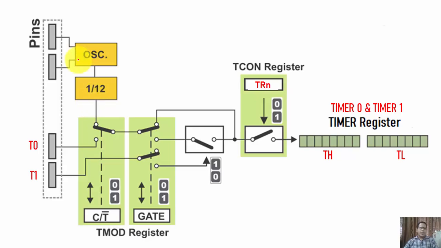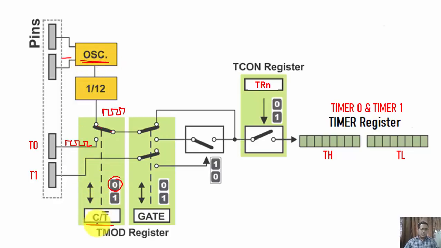So in short, when I am going to talk about the timer operation, the most important is C/T bar. When I am making the status 0, what is happening? Consider that at this moment the external clock pulses are present because of transitions on pin T0, and here also we have some clocks which are generated from the internal on-chip oscillator.